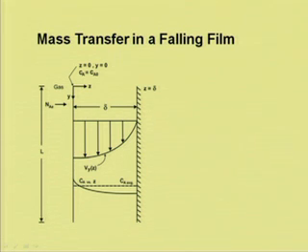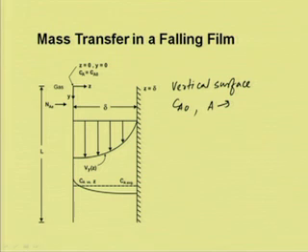Consider a vertical surface, where the liquid is falling from the top and it is at initial concentration Ca naught, and at the interface the concentration of the solute A is Cai, which is in equilibrium with the partial pressure of A in the gas phase, and Cai is greater than Ca naught.